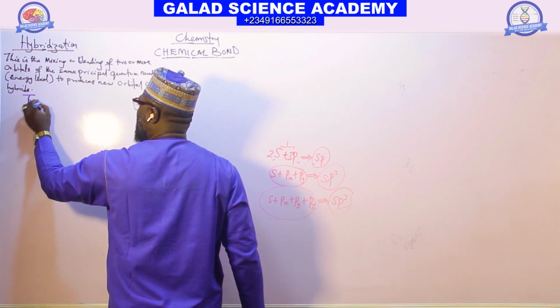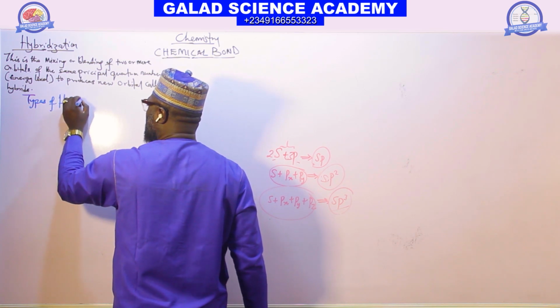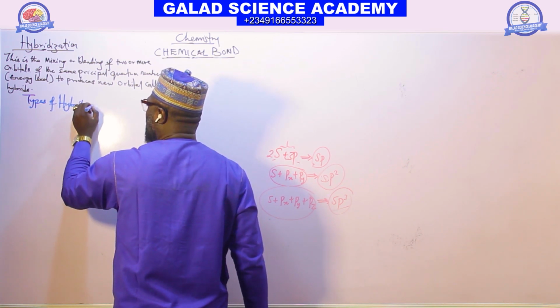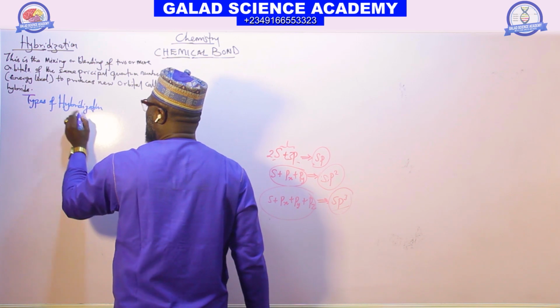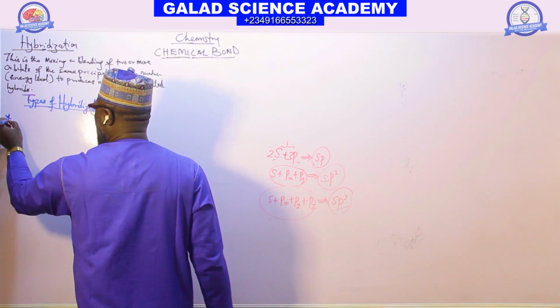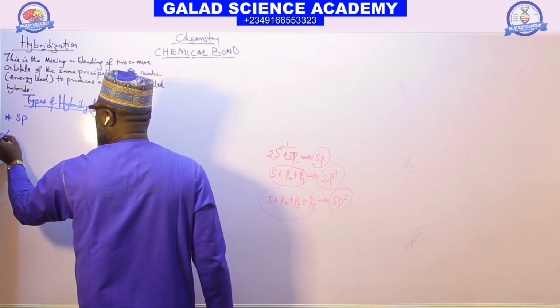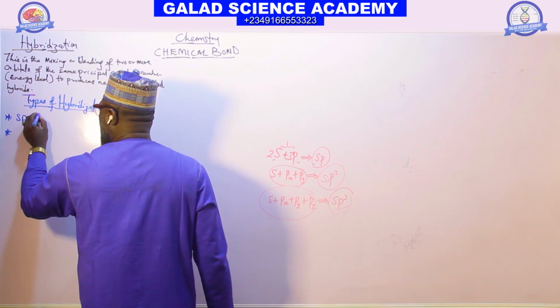Types of hybridization. Number one, we have sp hybridization.